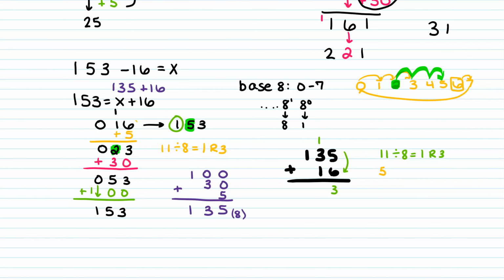Now 5 is an allowed value, so I don't have to do anything. And then I want to do just 1 technically plus 0, and that will make 1. So it does in fact make 153 when I add those two together, which means that 153 minus 16 is 135. So you can approach your subtraction as addition.